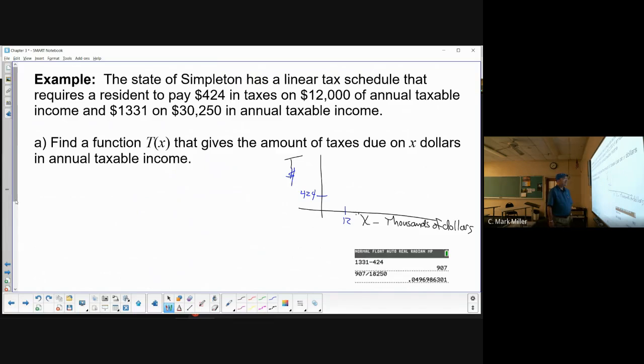And then you have 1331 on 30,250. So you have this point on the tax schedule and this point on the tax schedule.